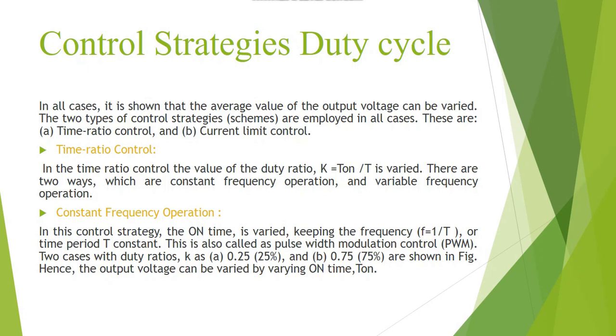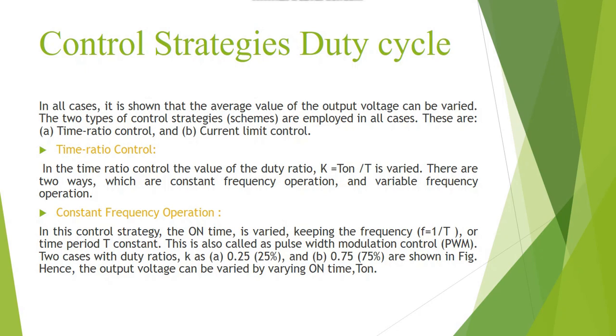Next cycle, we can change the on time, but the total time will remain fixed. The total time is 60 seconds, but the on time, previously 20 seconds, we will now make 40 seconds. That means the duty cycle value equals 40 by 60, that means 2 by 3.